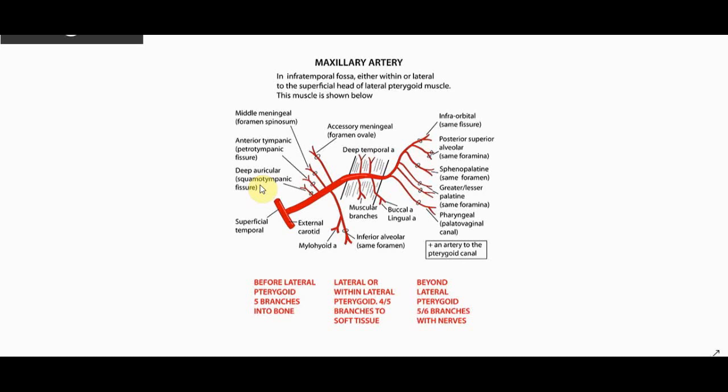Deep auricular and the anterior tympanic branches have something to do with the ear, and so the fissures that they pass through in order to enter the cranial cavity are between the parts of the temporal bone and the tympanic plate, right? So we then have the middle meningeal and the accessory meningeal, which have to do with the supply of the meninges.